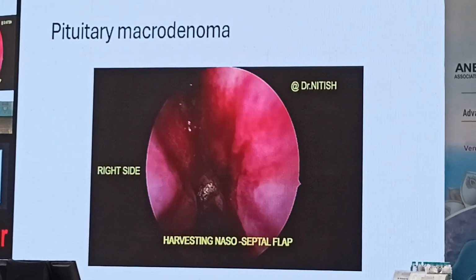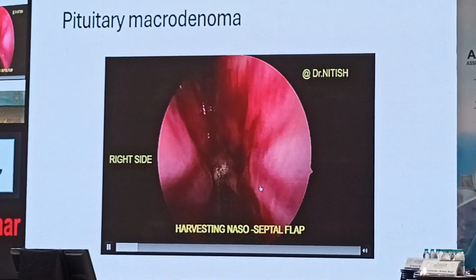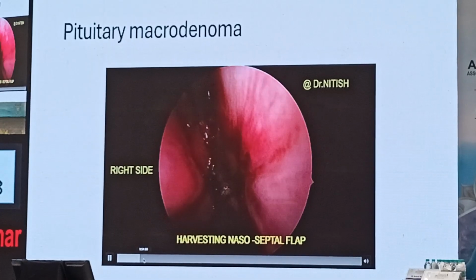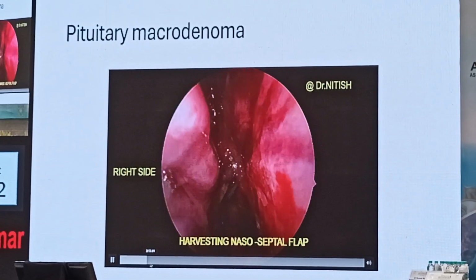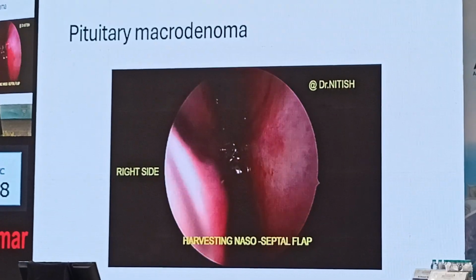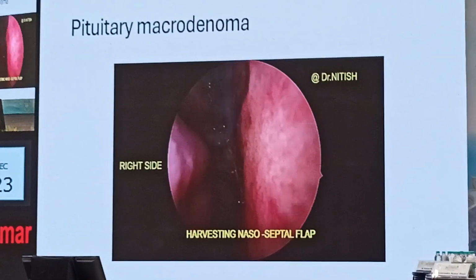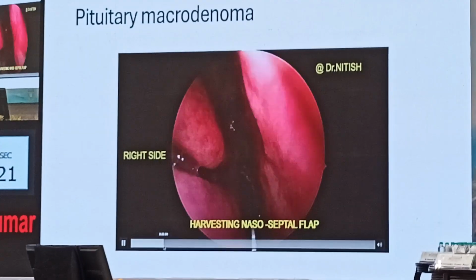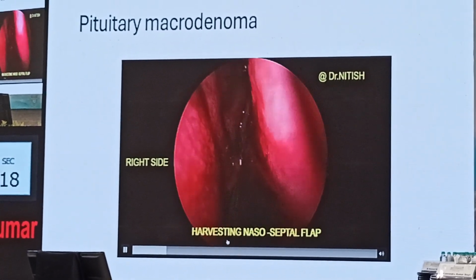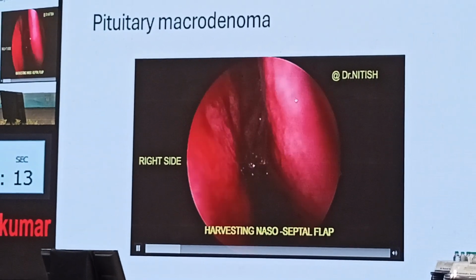The first cut is made along the floor of the mucoseptal flap. The length of this mucoseptal flap depends upon the type of surgery that we do. After the first cut, the second, upper cut is made.